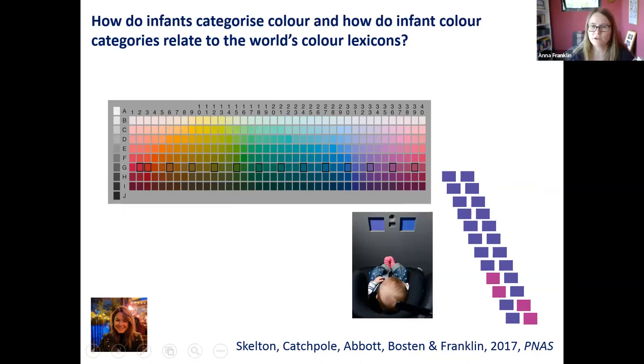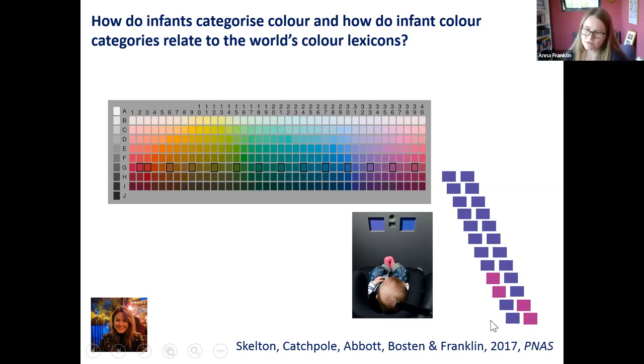That was a survey of 110 of the world's non-industrialised colour lexicons. And we systematically sampled stimuli along a row of this stimulus grid. And then we paired them and used this novelty preference method to measure infants' response to those colour pairs.